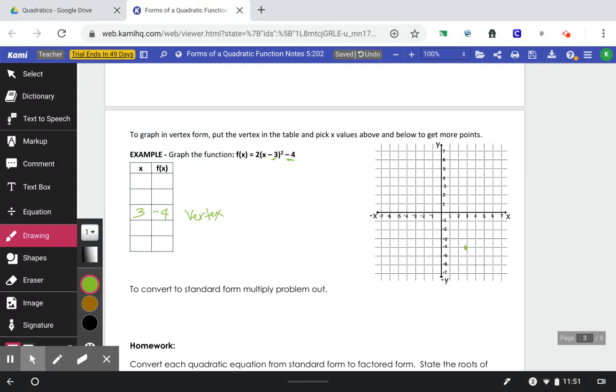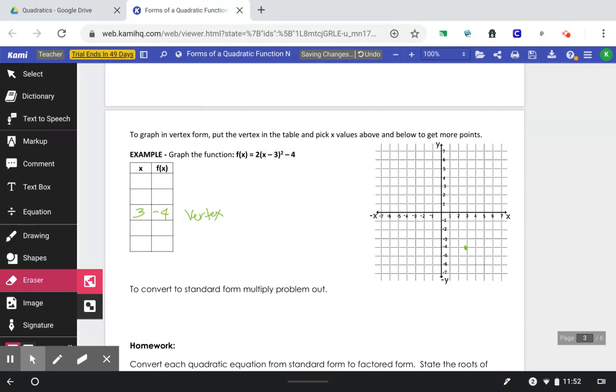All right, so now I'm just going to pick a couple of values that I can plug in really easily. Let's do when x is 0. If x is 0, I'm going to get 2 times -3 squared minus 4. -3 squared is going to be 9. 2 times 9 is 18. 18 minus 4 is, it's going to be off the grid, so I don't want to do 0.